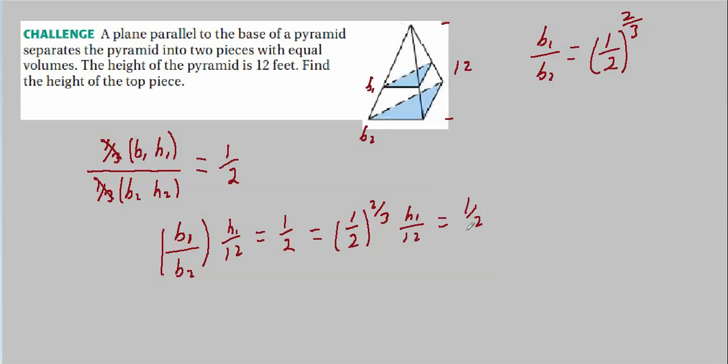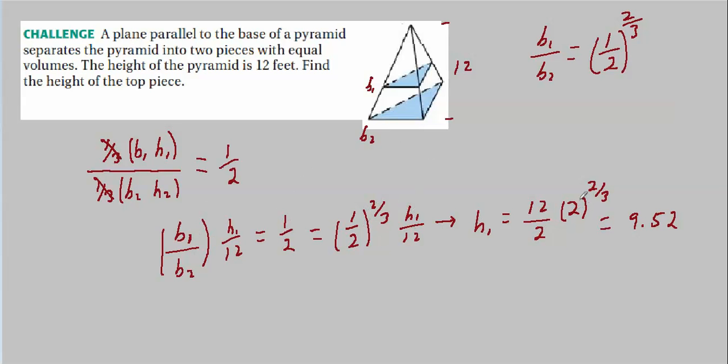So by making use of the fact that we know this ratio, after rearranging this equation, we have 1/2 to the 2/3 times h1 over 12 equals 1/2. Do a little rearranging here and get that h1 is equal to 12 over 2, multiply through by 12, and divide through by 1/2 to the 2/3, which is just 2 to the 2/3.